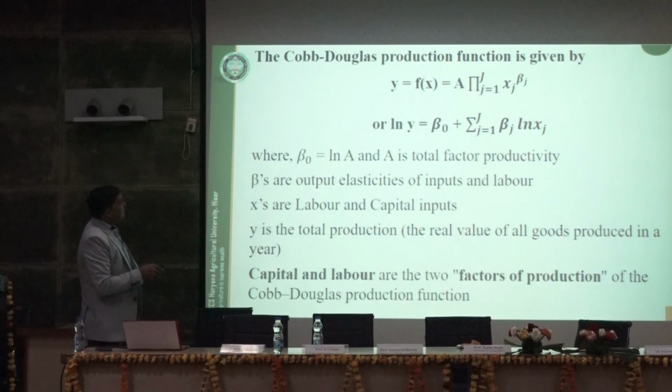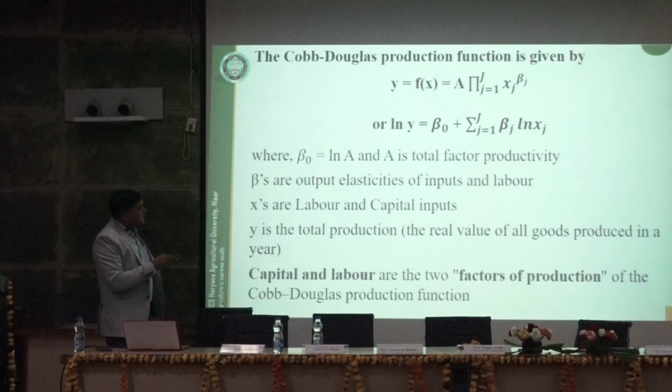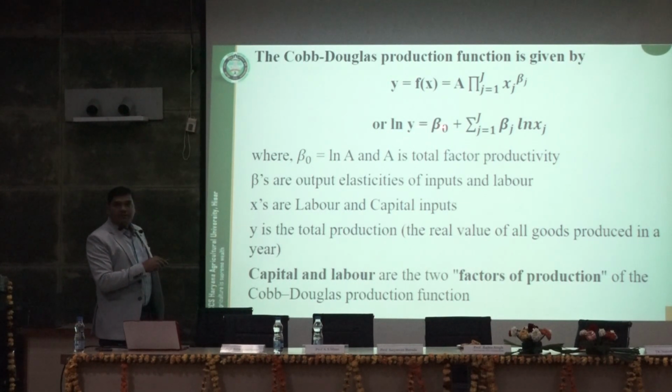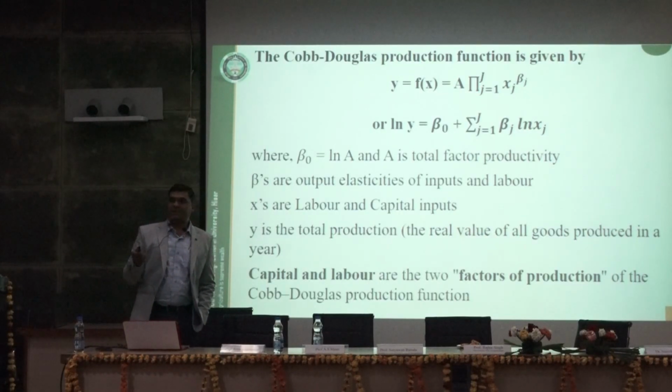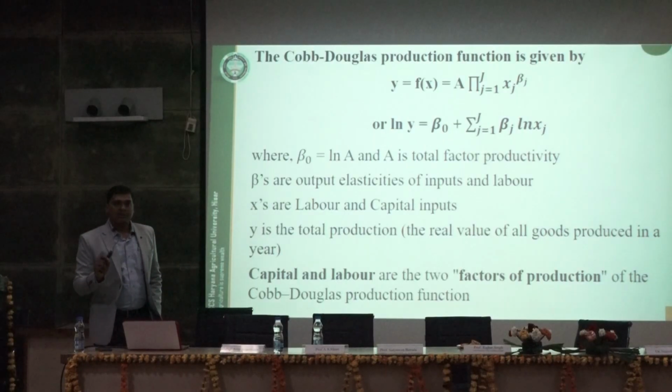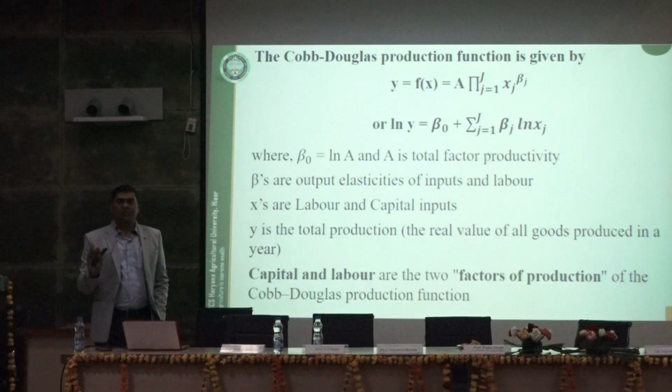So after taking the logarithm, this equation becomes this type of equation, that is the linear equation. As we know, the logarithm is a monotonic function. Monotonic means, have you heard about monotonicity?